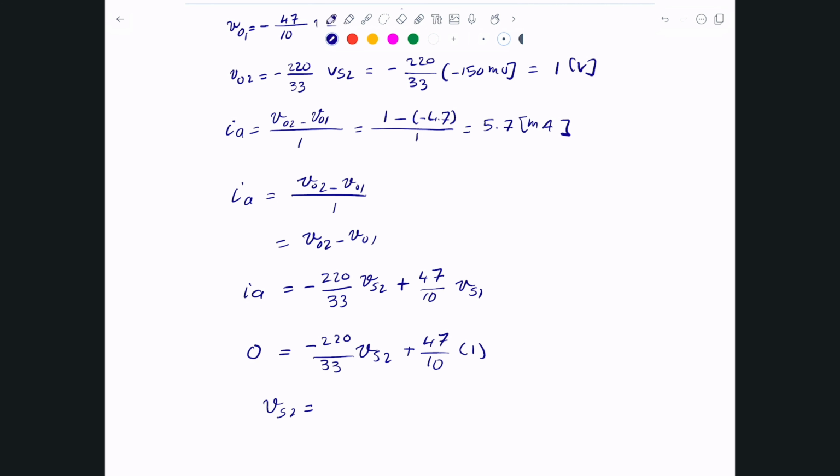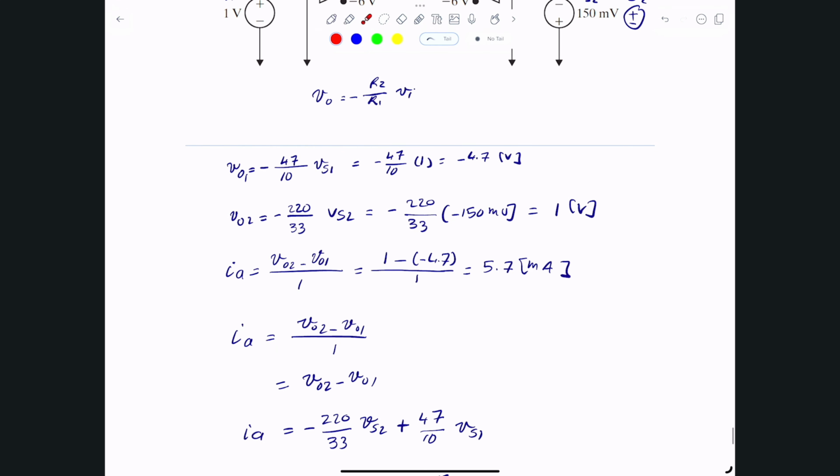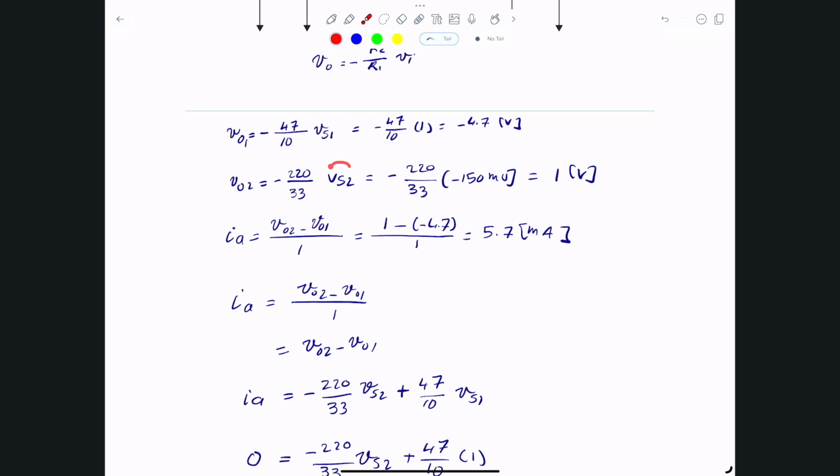The value we get is exactly 705 millivolts in here. But that assumes that VS2 is oriented this way, plus and minus. I did not incorporate the negative in here. If you take a look at that VS2, I incorporated that it's negative.